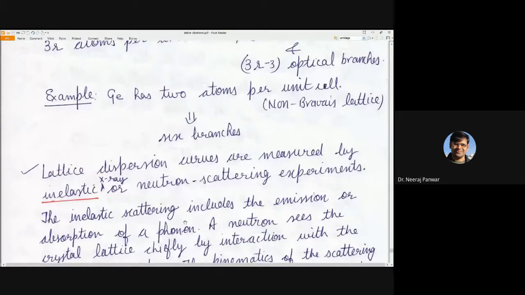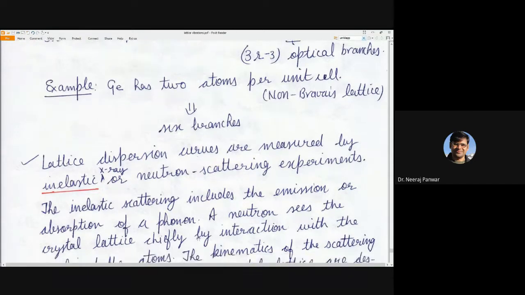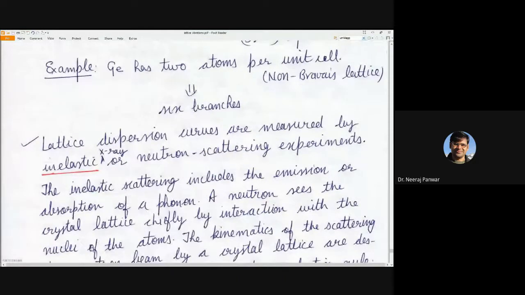And if you recall how we define a phonon, it is a quantum of lattice vibration. Either it is absorbed or it is emitted. A neutron sees the crystal lattice chiefly by the interaction with the nuclei, because a neutron does not have any charge, but it has a magnetic moment, so it will interact with the nuclei of the atoms.